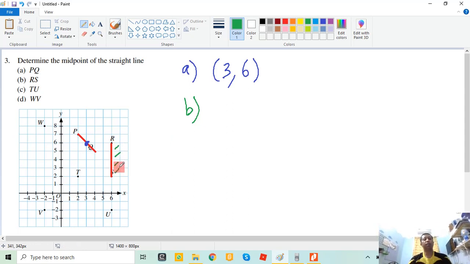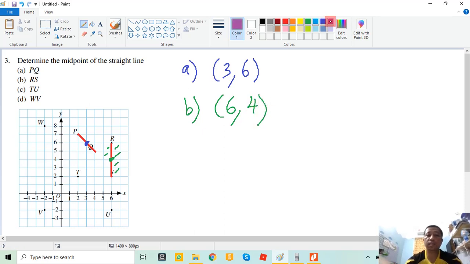So 4 boxes. 4 divided by 2 is 2. So 2 boxes. 1, 2 until here. So 2 boxes upwards and 2 boxes on the down part. Okay. So the midpoint. Let us write the coordinate for the midpoint. For X is 6. And then for Y, refer to the left here, is actually 4.